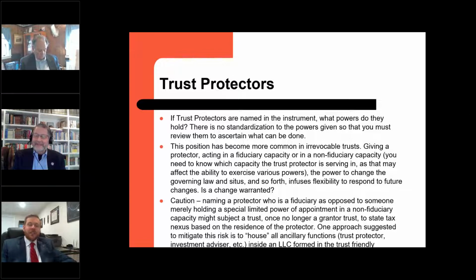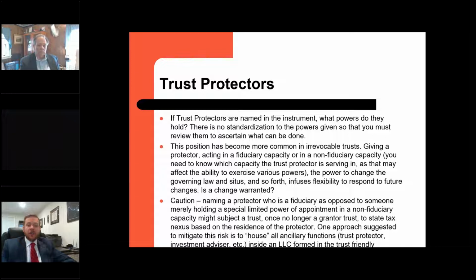So this goes back to when we were talking about the basics and creating either a statement or a certification of the various individuals that are named in different positions in the trust. The trust protector is one of, depending upon how it's drafted, the flexible powers in the trust. The trust protector can do anything from removing a trustee, replacing them, to changing the situs of the trust.